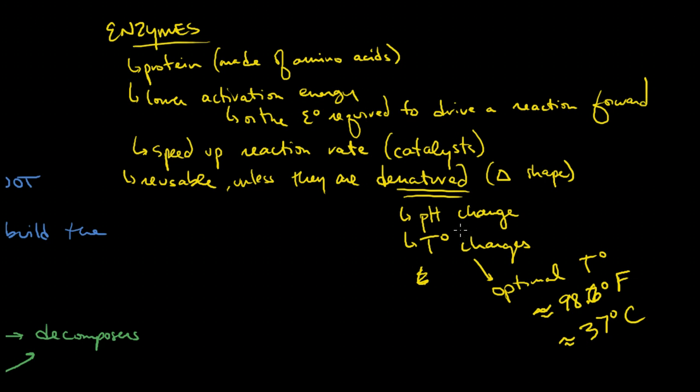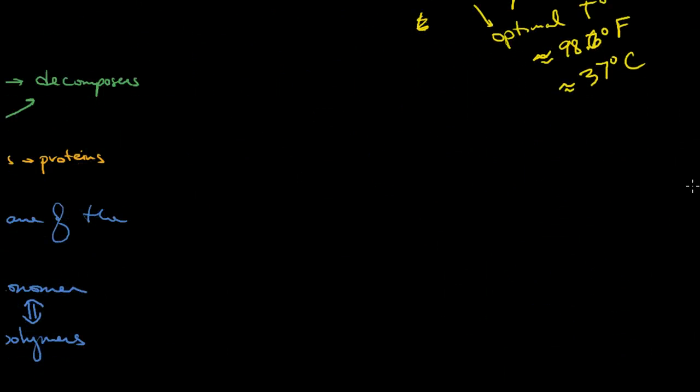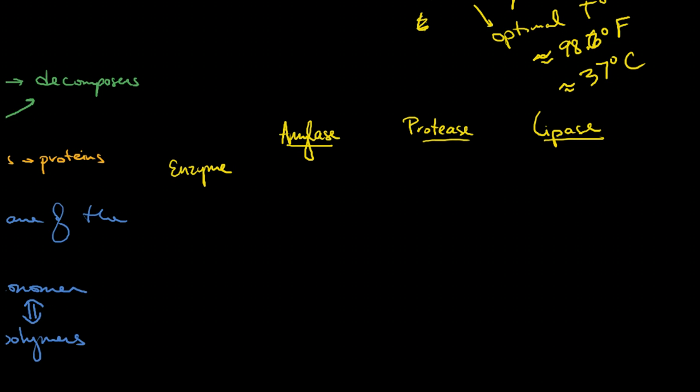You need to be able to say the source, substrate, products, and optimal pH for one amylase, one protease, and one lipase. Okay, so make a little chart here to make sure we have everything we need. Our example of an amylase that we talked about in class is salivary amylase.